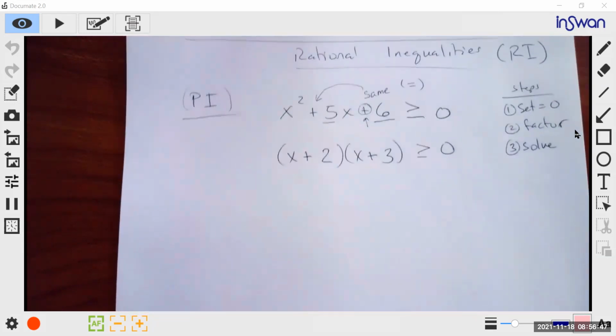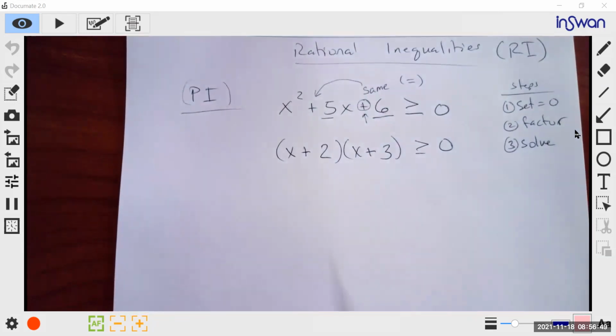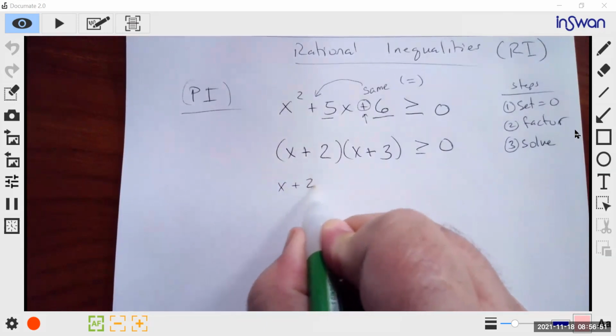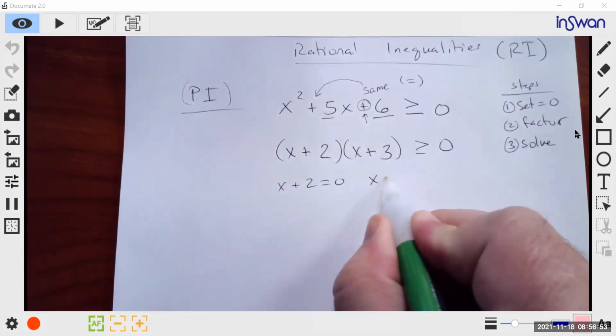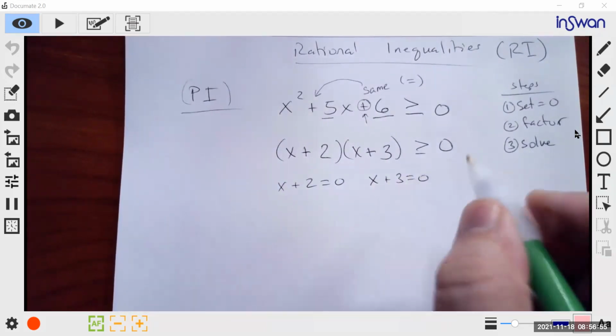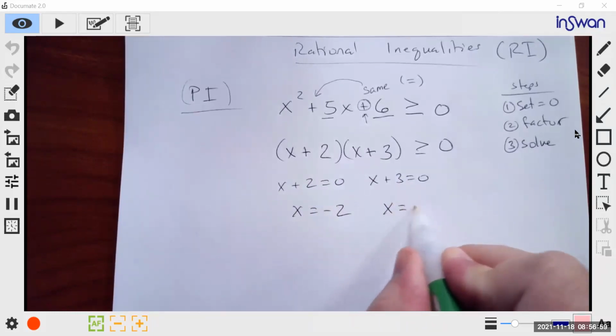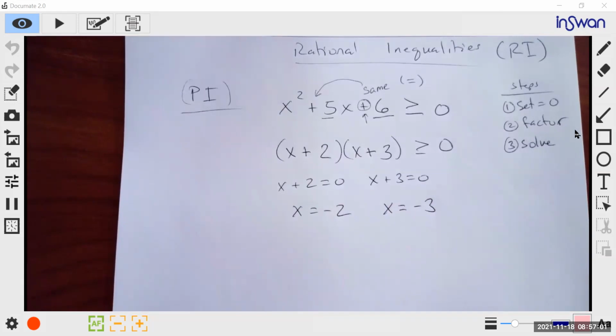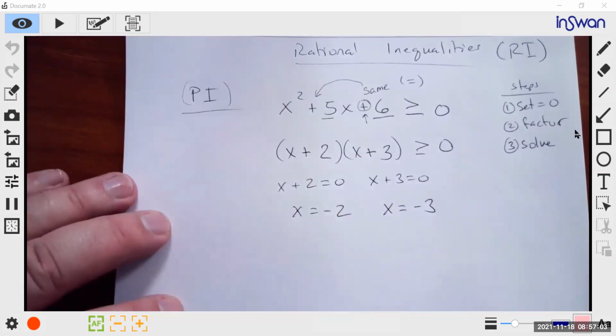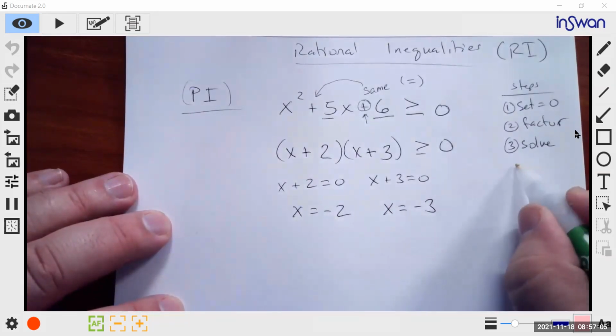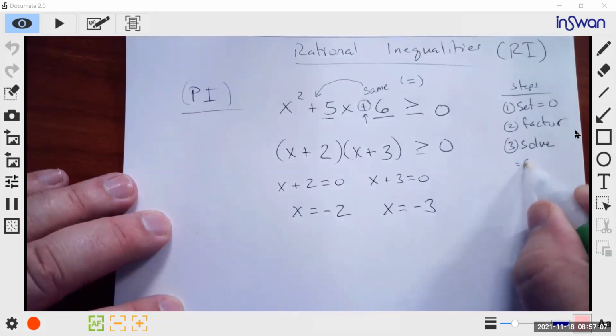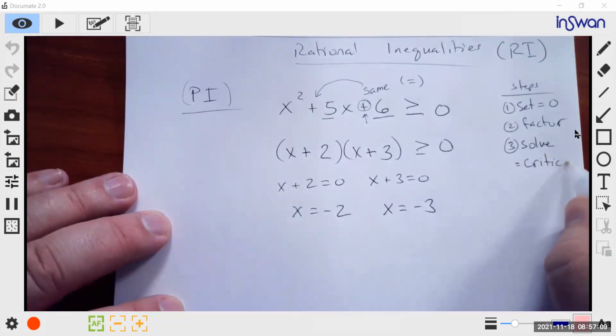Solve for the x's. So x equals -2, x equals -3. These are what we call the critical values.